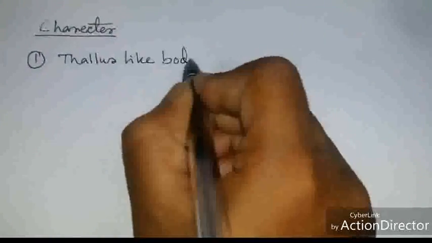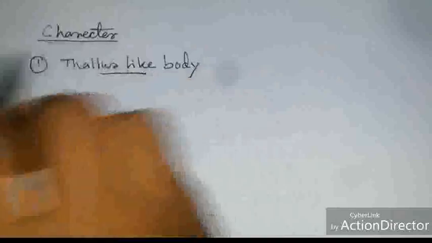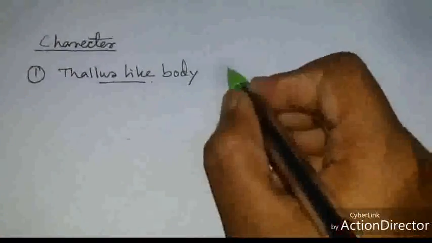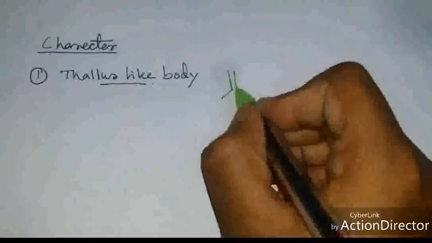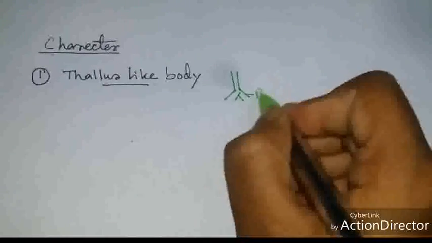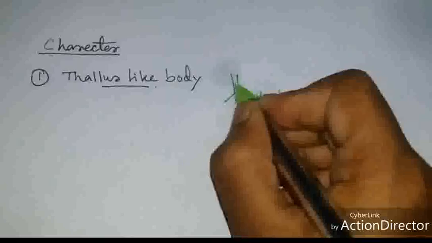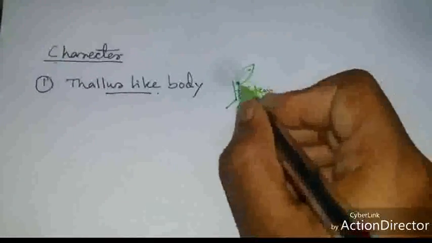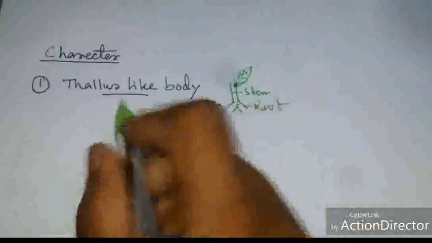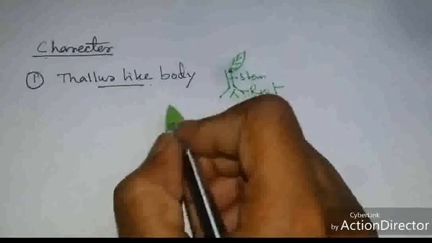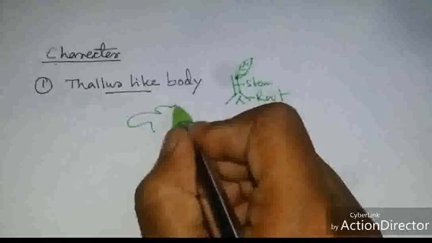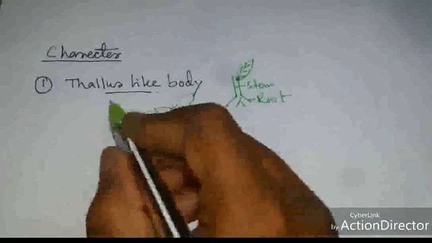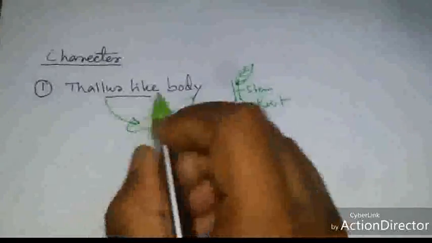Thallus-like body means their body cannot be divided into root, stem or leaves. So their body looks like a thallus type, a mass of cells. So, their thallus-like body.